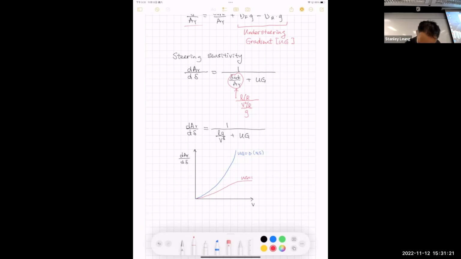If my UG gets bigger, and for example I just take some scale, it should look like this. So at this moment, velocity low, slow.